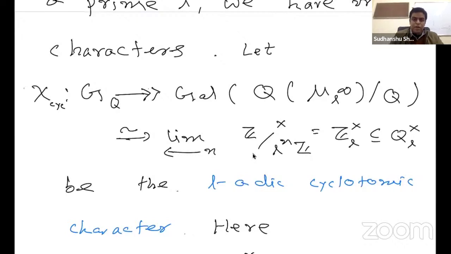One such important representation is the l-adic cyclotomic representation of GQ. This is how it is defined.